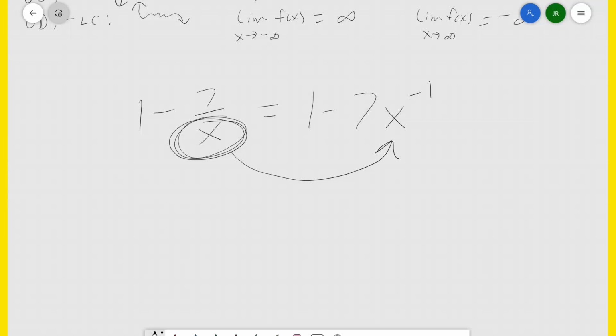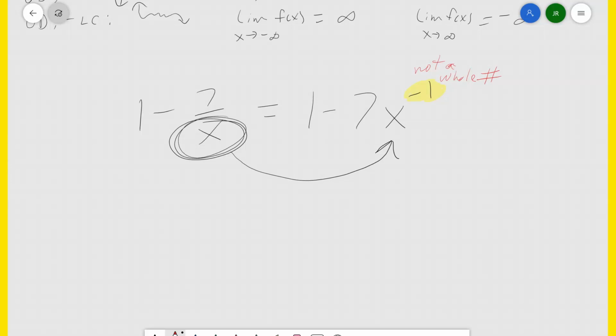And since I can write it that way, that negative 1 right there is not a whole number. It's negative. So it's not a whole number. It's not a non-negative integer, which is the same thing as a whole number. Whole numbers can't be negative.